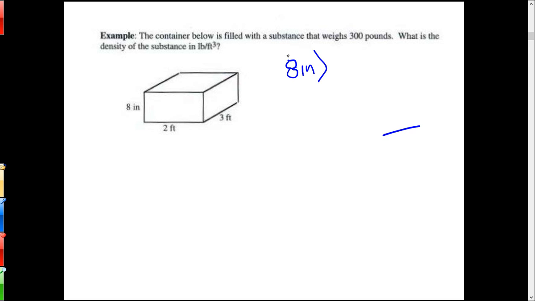Inches don't match feet. When you're doing this stuff, units should match if you want to get a realistic volume. It looks like we're shooting for cubic feet, so I'll do a little conversion.